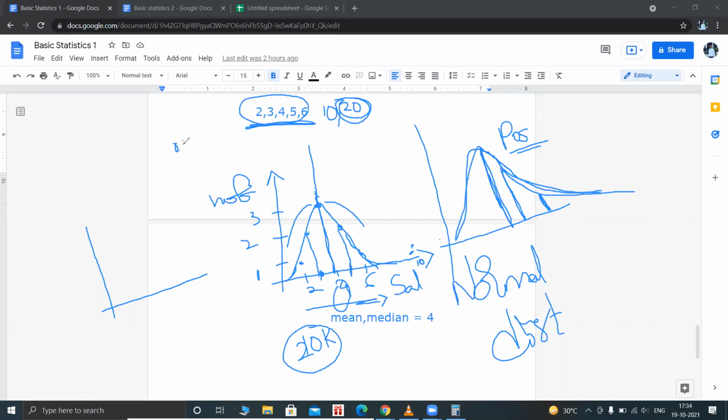Remove this one. Don't consider this 10 and 20. Just take these data points, 2, 3, 4, 5, 6, and add only 0.01. Just tell me what was the mean.